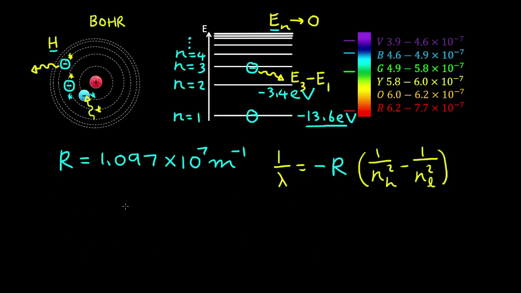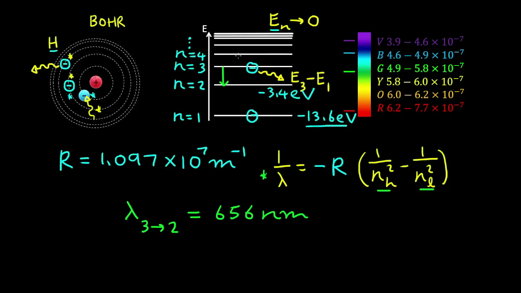So the visible wavelengths are obtained when the atom transitions from the excited state 3 to 2. So if you substitute nh equals 3 and nl equals 2 and solve this equation, and converting the wavelength to nanometers, you'd get the wavelength is 656 nanometers.